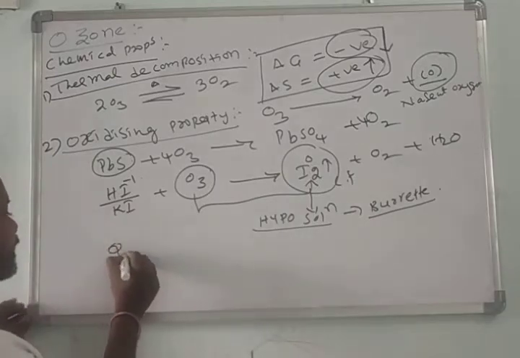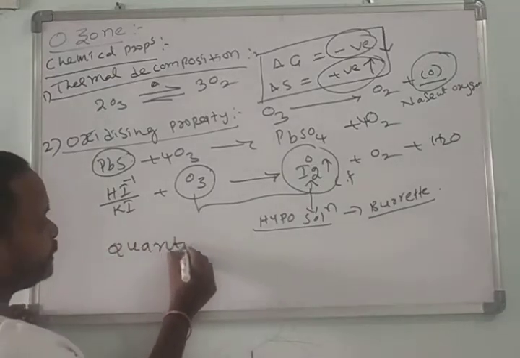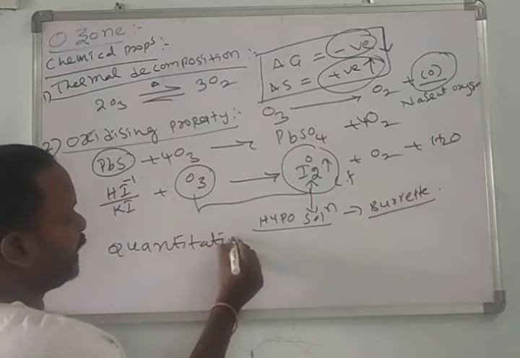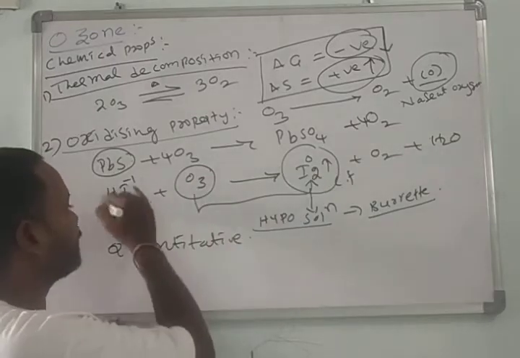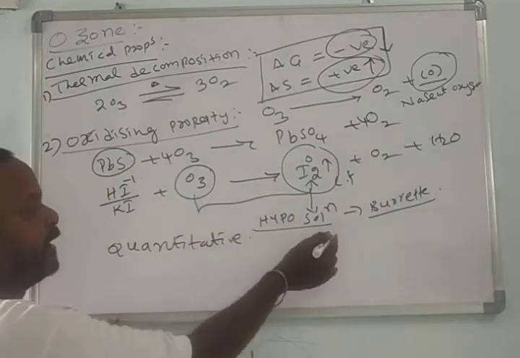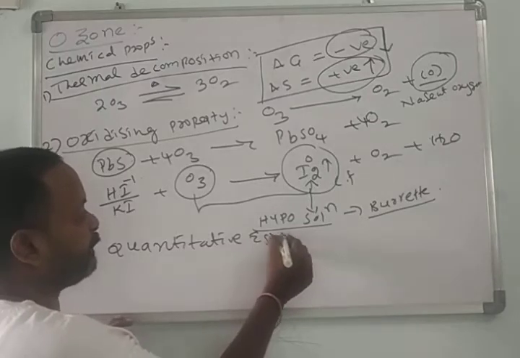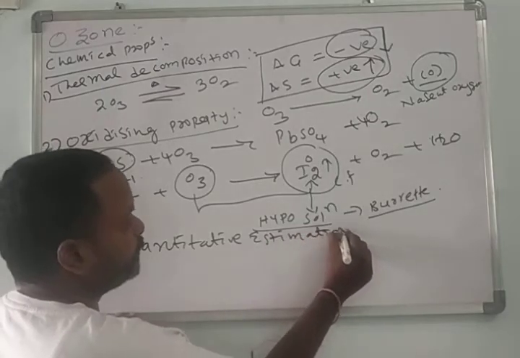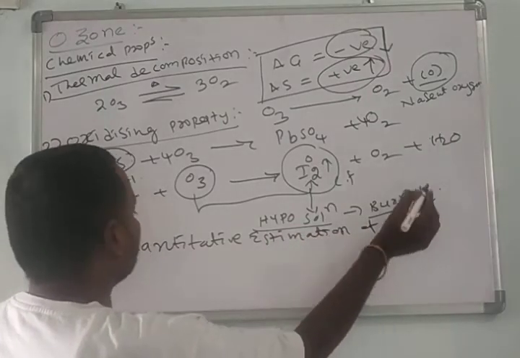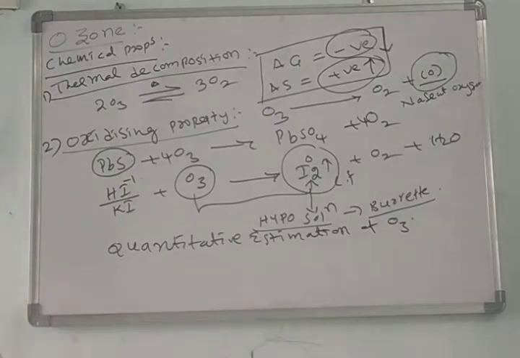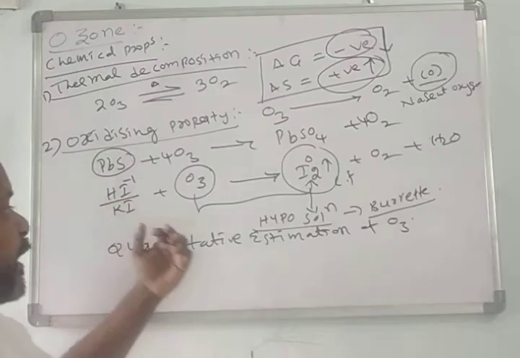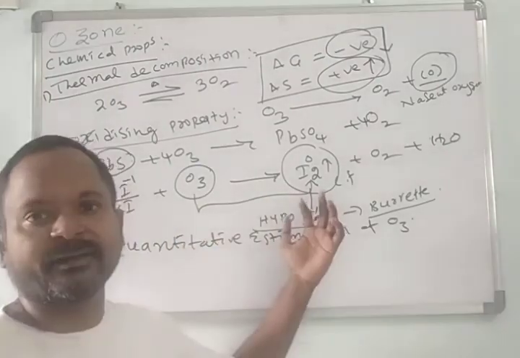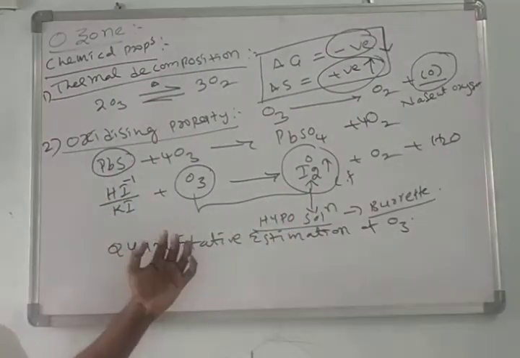This we call the quantitative estimation of ozone. How do we estimate the amount of ozone by the reaction with potassium iodide solution and hypo? One more question: how do we identify the amount of ozone?